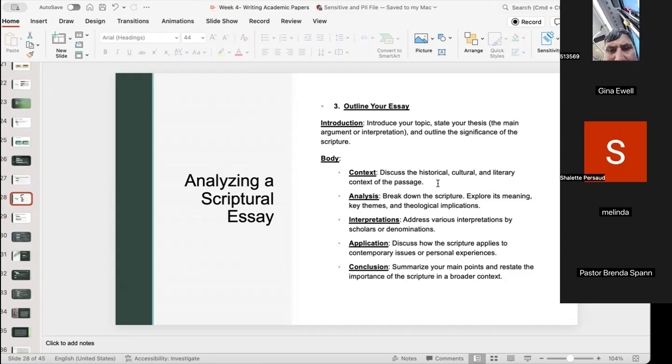And you want to discuss how the scripture applies to maybe issues in society today or personal experiences that you've had. And you're going to summarize your main points and make sure you restate the importance of the scripture and the person.